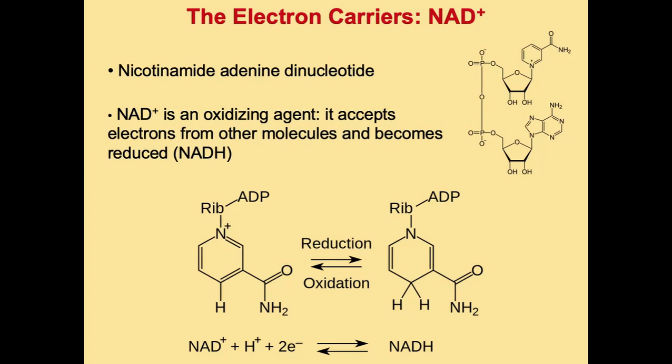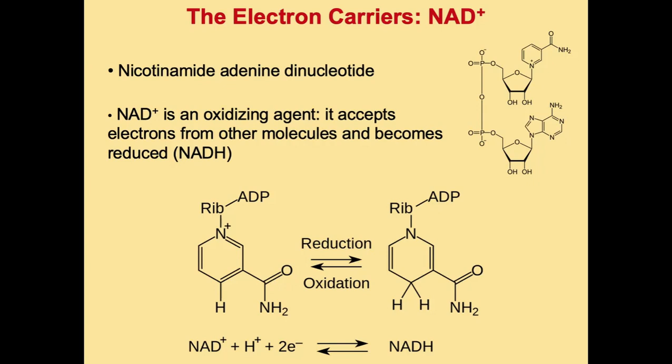So what are these electron carriers? NAD, or nicotinamide adenine dinucleotide, NAD plus, is an oxidizing agent, and what this does is it accepts electrons from other molecules and becomes reduced. These high energy electrons are then passed on to the electron transport chain, where their energy is used to create a proton gradient, and this we will cover in the next video.